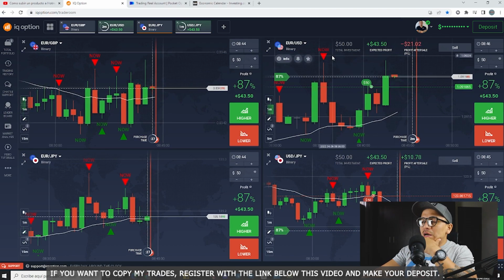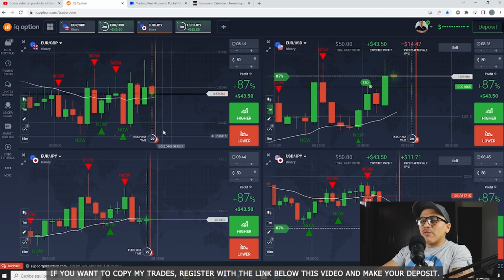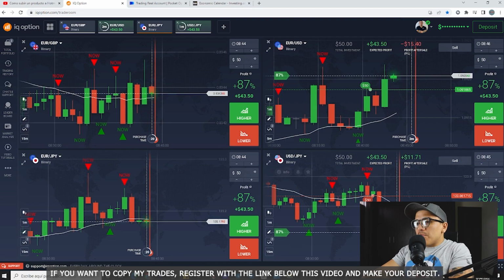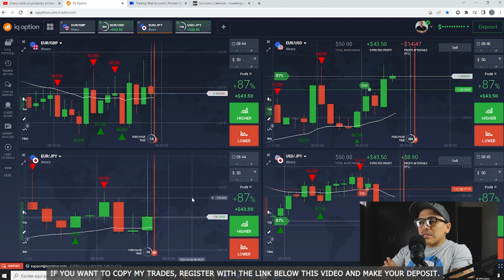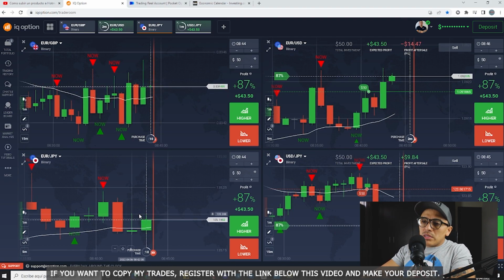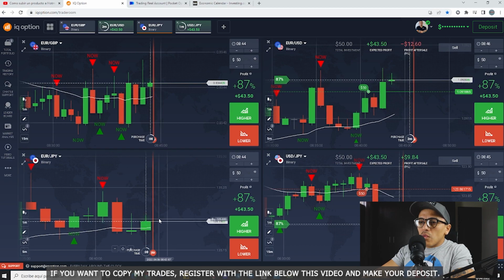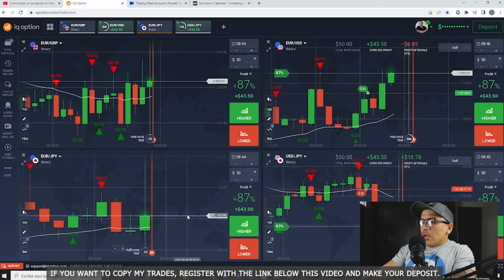The indicator, I put the name Next Wave, because of the channel. For that reason, I put it Next Wave indicator. In the next days, I'm going to share with you how you can get it and trade using this bot for binary options.